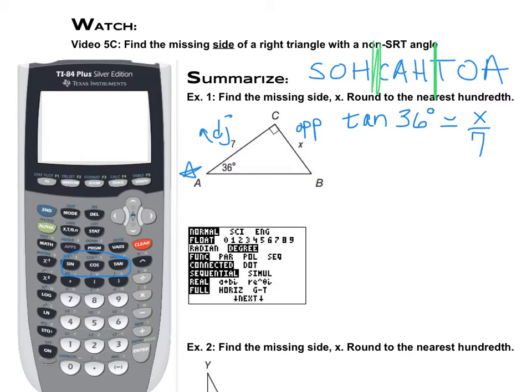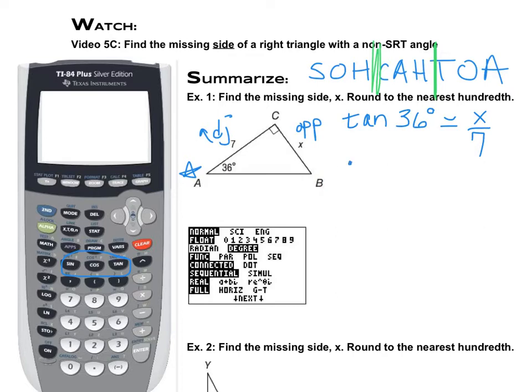So we're always going to want to solve this by going ahead and taking our calculators. With our calculators, we can find a decimal approximation for the tangent ratio for 36 degrees.